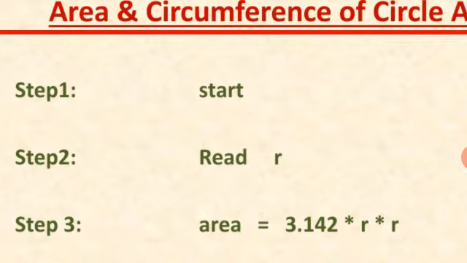I can take the value of r as 4.2, then also I can calculate. The value of r is not fixed. Are you understanding? It is a variable. Variable means whose value will keep on changing. So we have to read only the changing values. We should not read the fixed values.